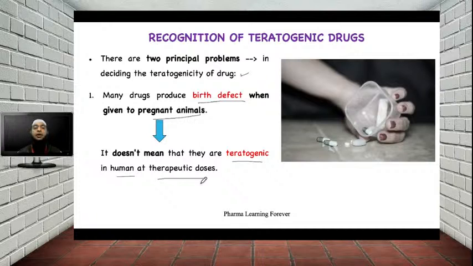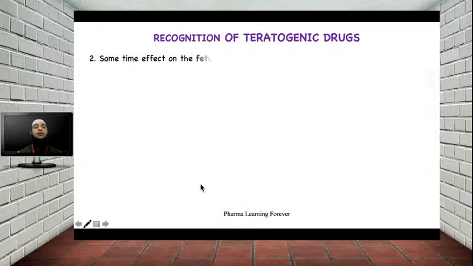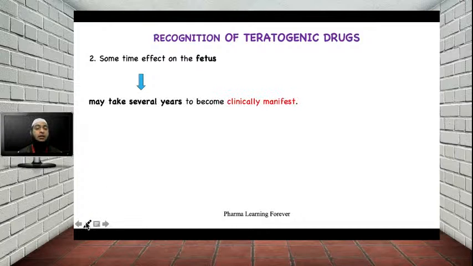So this is one of the problems, and for ethical reasons you cannot conduct clinical trials in pregnant women. The second thing is that sometimes the effect on the fetus may take several years to become clinically manifest, and you will be surprised by the case study that I am going to present now.